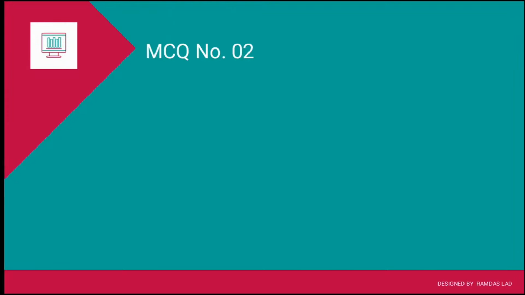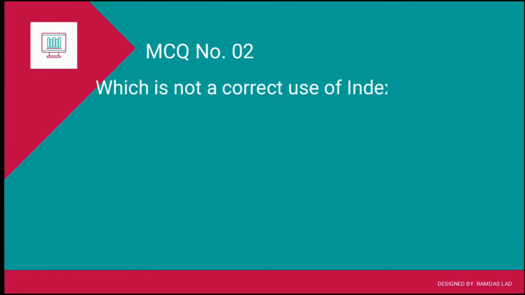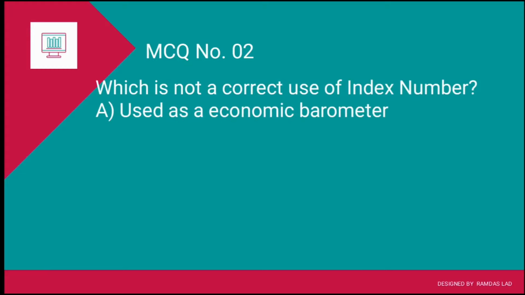Now next question, which is not a correct use of index number? Here you have to study the uses of index number very well. And what is the question? What is not a correct use? So here the question is asked in a negative sentence. Option A, used as an economic barometer. Option B, helps in comparison.